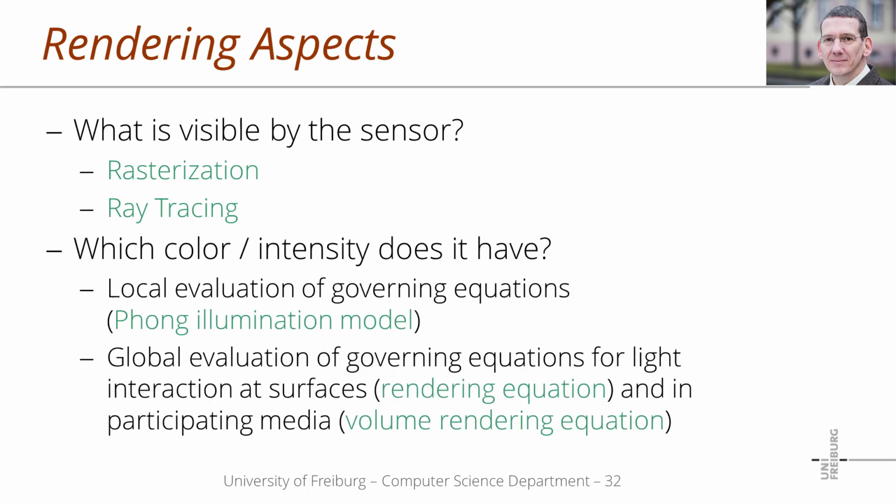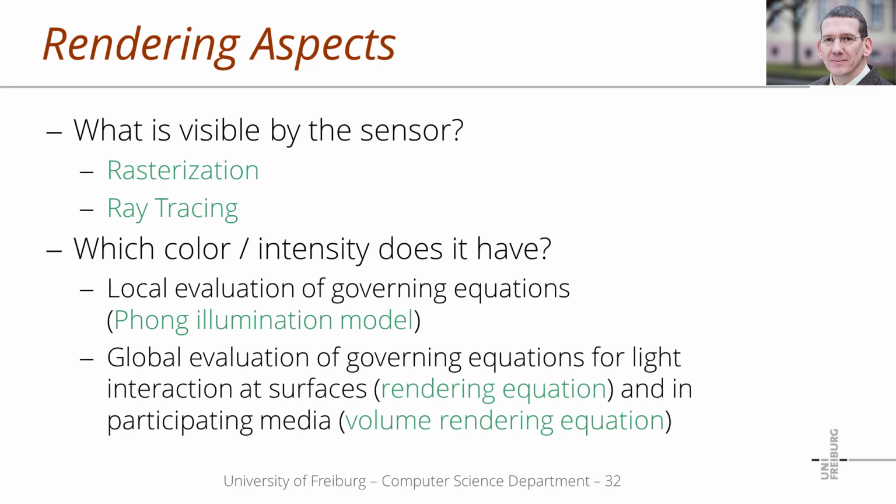For the color computation, we actually use governing equations that model the light interaction at surfaces and within participating media. The so-called rendering equation governs the interaction of light at surfaces, and the volume rendering equation governs the interaction of light within participating media.